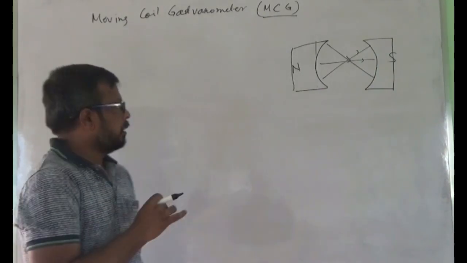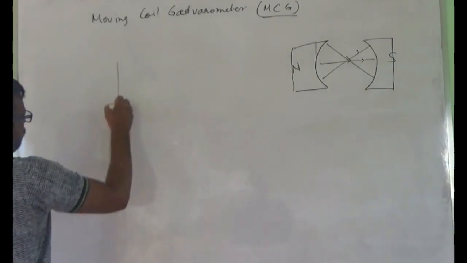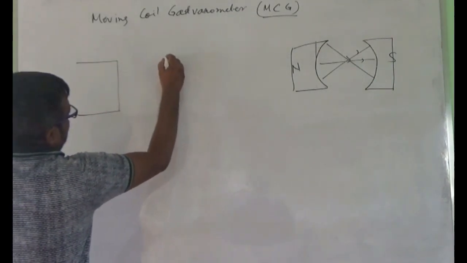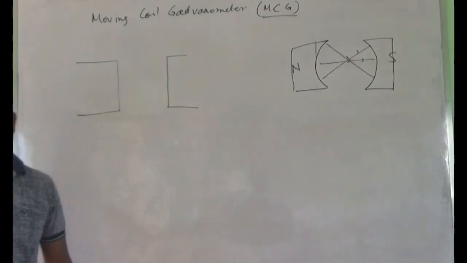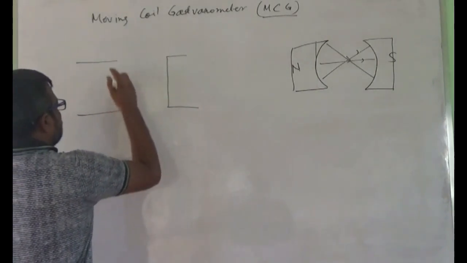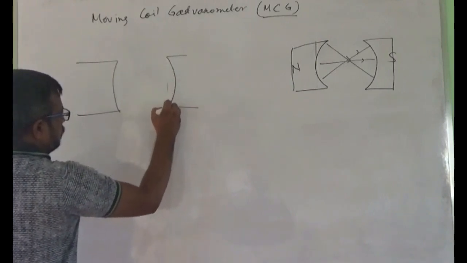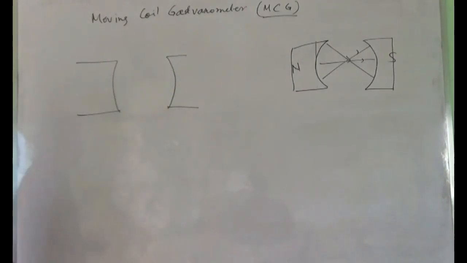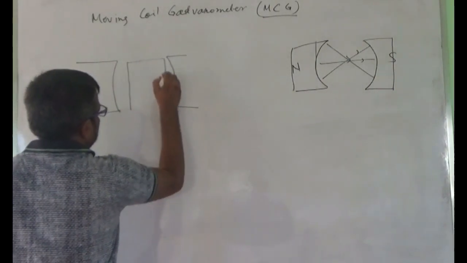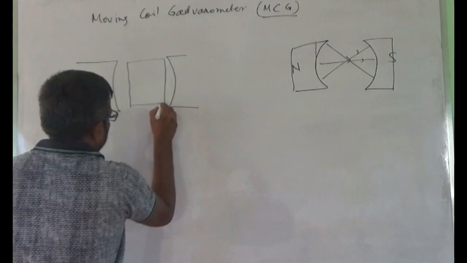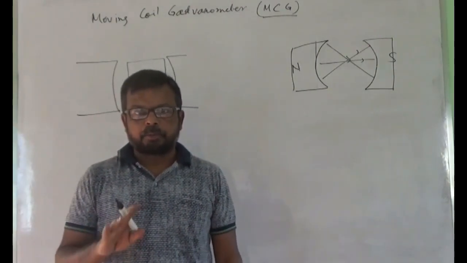Now see here. This should be cylindrical. Now here we place a coil, and this coil may have a number of turns.